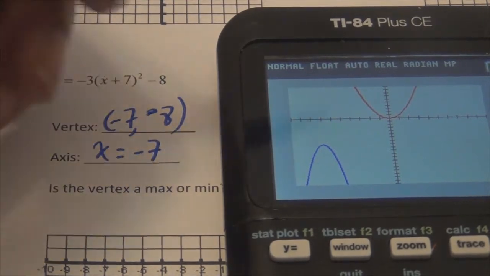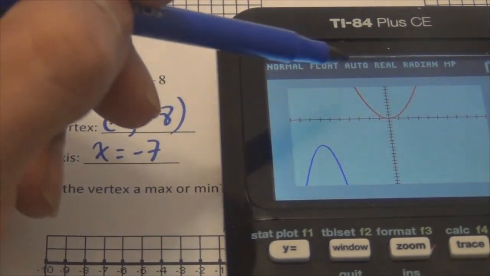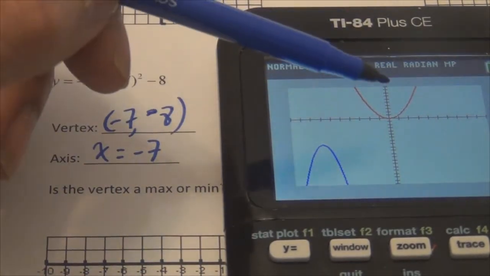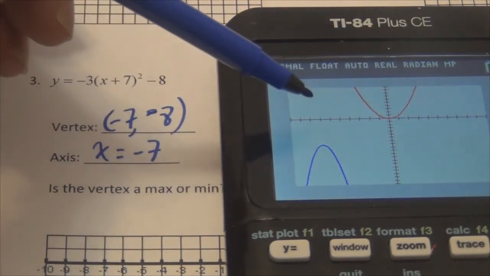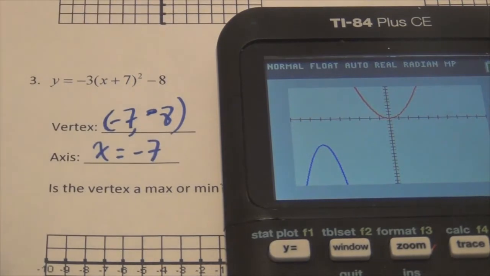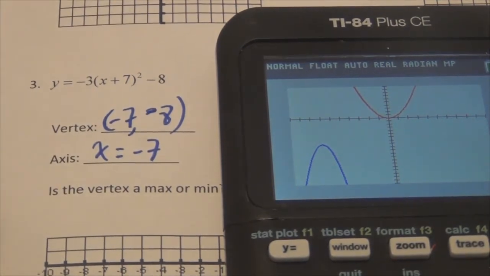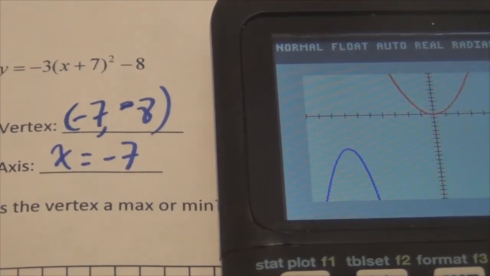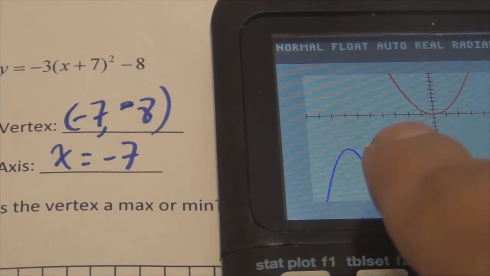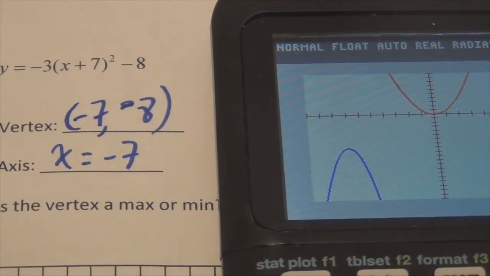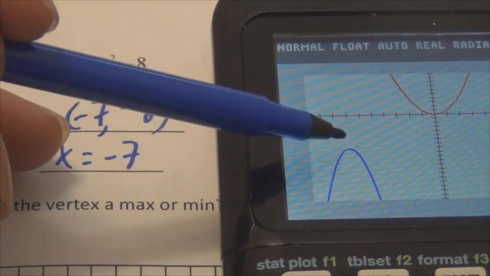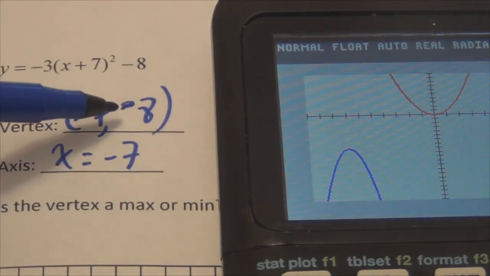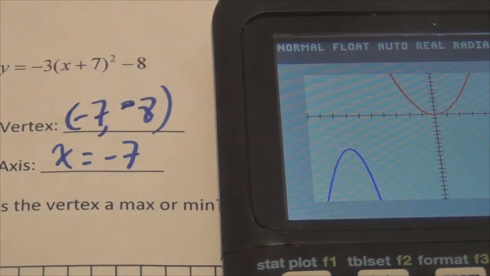So how did this graph change in relation to this function? My prediction came true. It moved 7 units to the left, because that's where half of the parabola happens, and it shifted 8 units down.